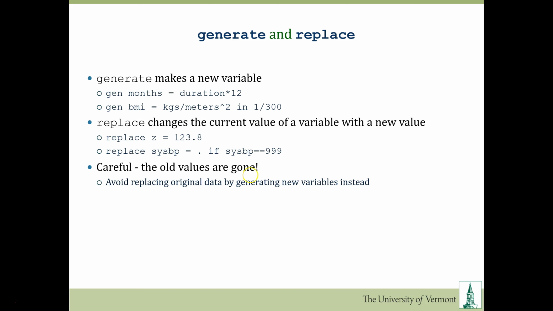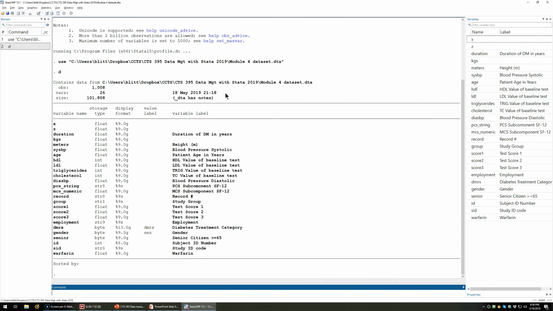Here are our first two commands that we want to talk about, generate and replace. Generate makes a new variable. For instance, we already have a variable called duration, which is labeled as the duration of diabetes, and it's in years. Let's calculate how many months each subject has had diabetes.